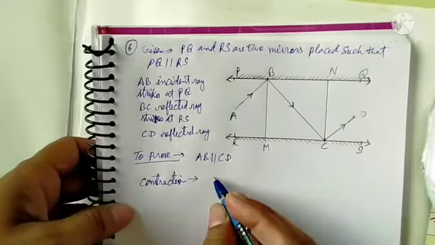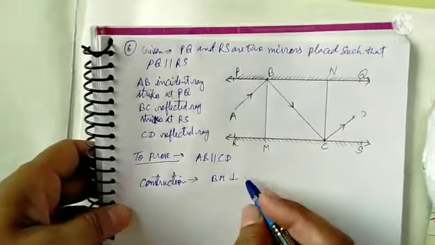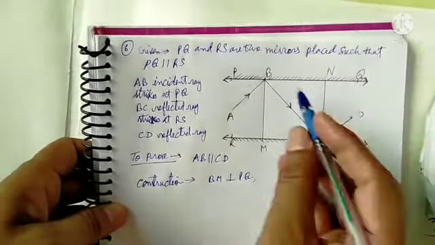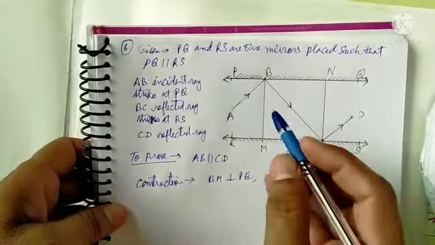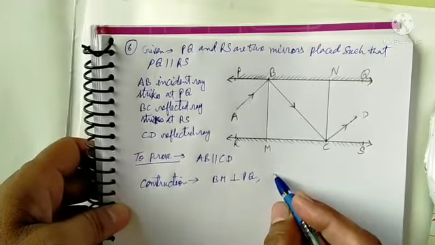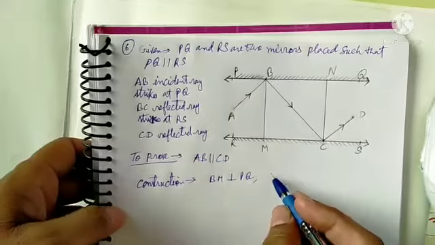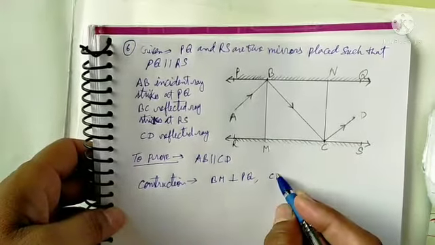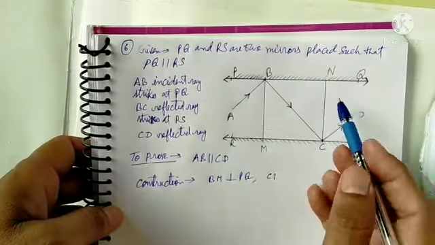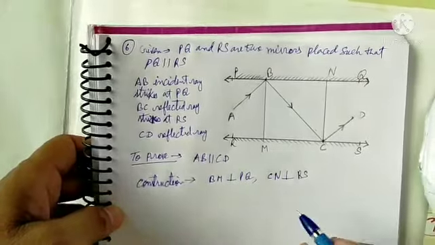BM perpendicular to PQ we have taken, and CN perpendicular to RS we have taken.